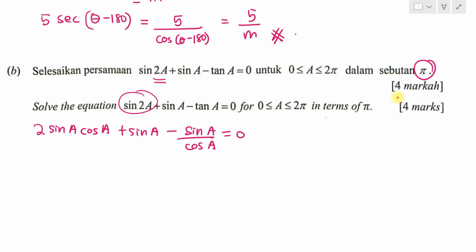Equals to 0. For an equation like this, we usually try to eliminate any denominator. So you just multiply with the same denominator to get rid of it.